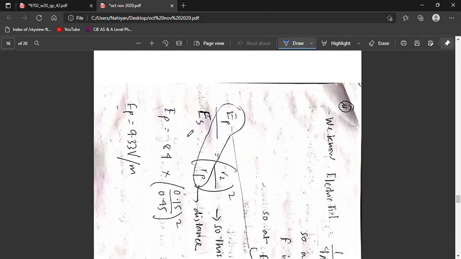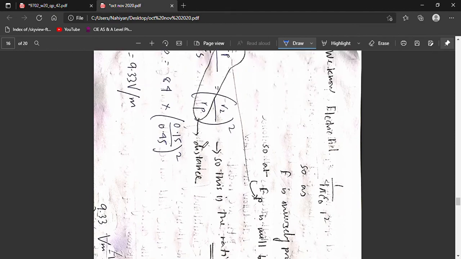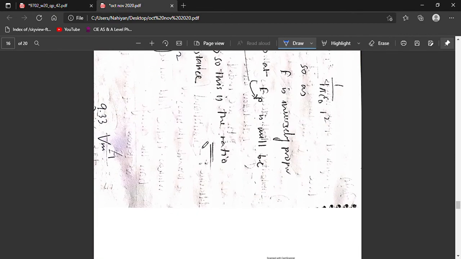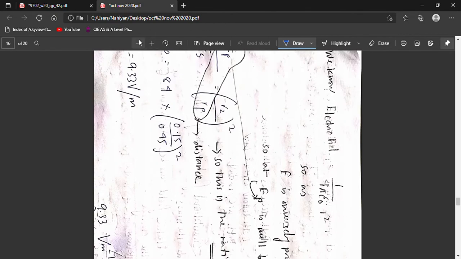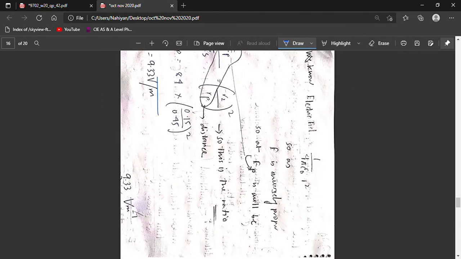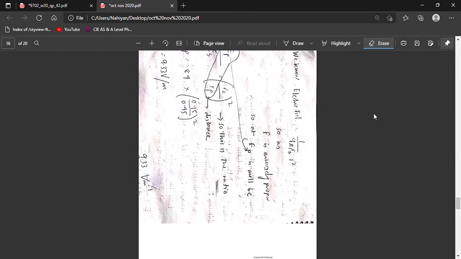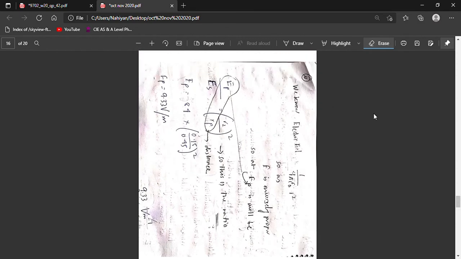So we know that, oh no, how do I make this? I'm sorry guys, that's a mistake I've made. I hope you can manage it. How can I make this straighter?